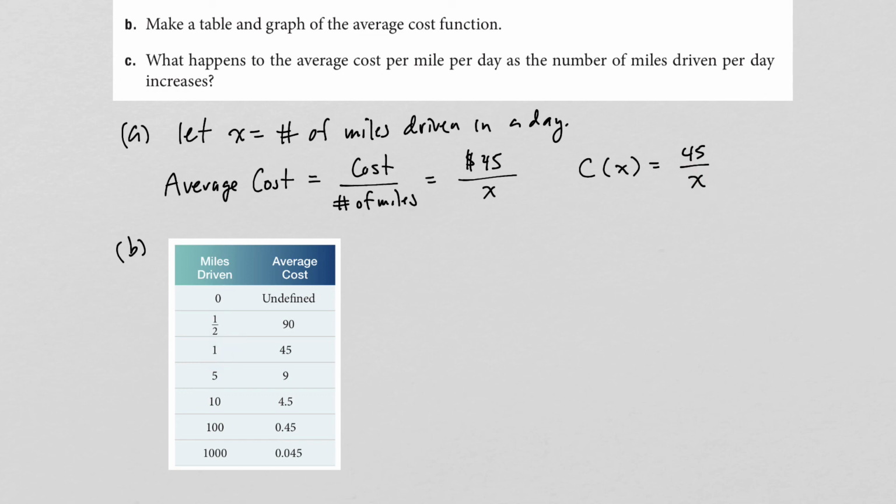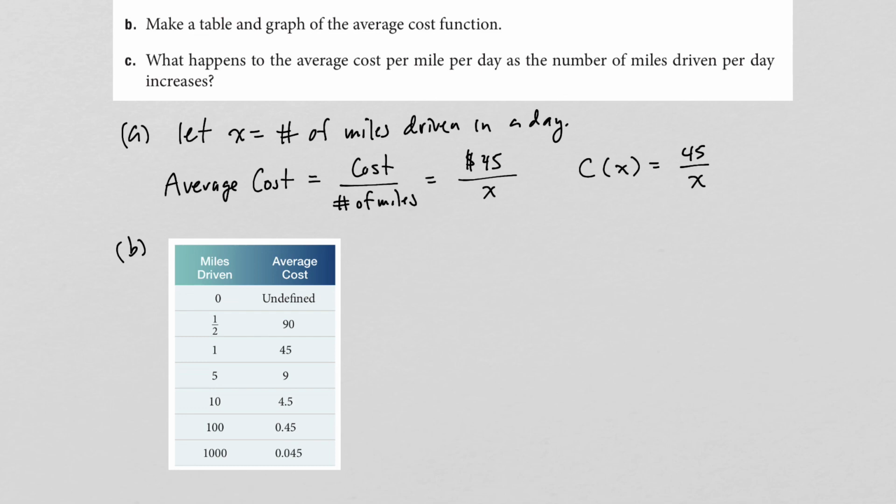If you drive 1 mile, 45 divided by 1 is 45. If you drive 5 miles, 45 divided by 5 is 9. And so what you can see here is that as you drive more and more miles, the average cost per mile decreases. So the idea behind renting a car where you have unlimited miles is that this would be a great deal if you're driving lots of miles.